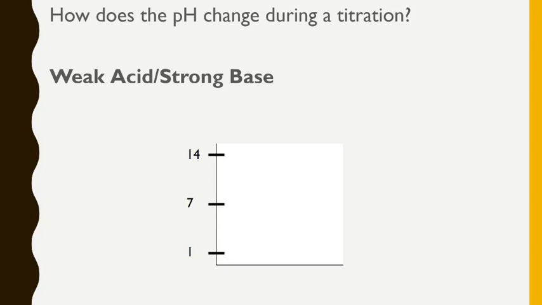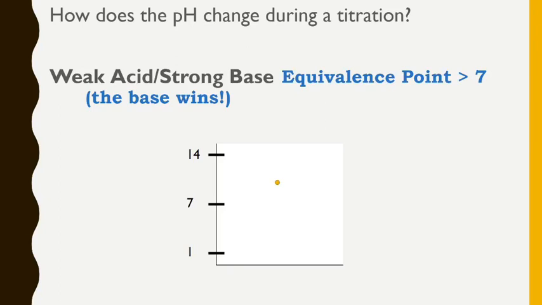With this weak acid mixed with the strong base, because the base is stronger, the base is going to win our tug of war, which means our equivalence point is going to be over 7. And so we can draw this vertical line around that equivalence point.